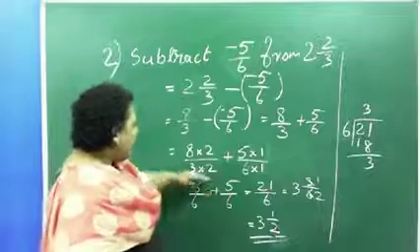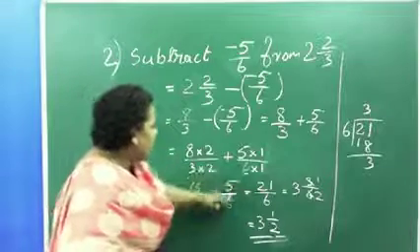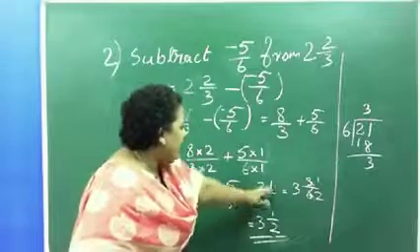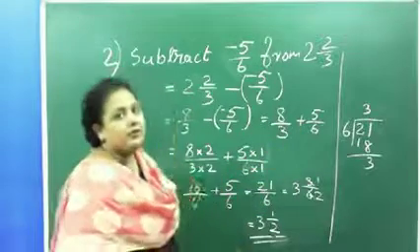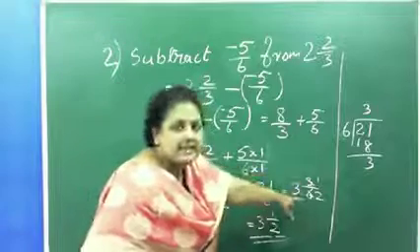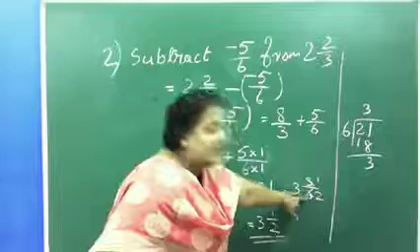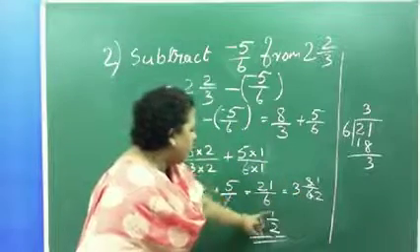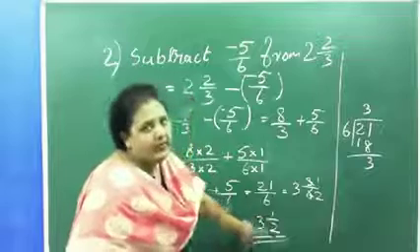Then 6 is coming, we made them like fractions. We added, we got 21 by 6, and that again we reduced into the mixed fraction, and we got 3 by 6, which has 3 as a common factor. So we reduced that again, and the answer came as 3, 1 by 2.